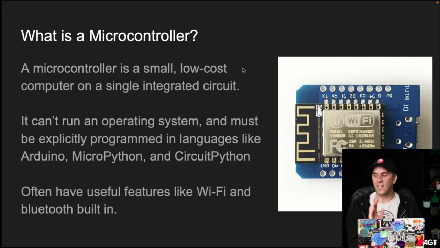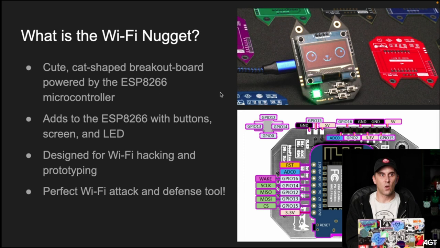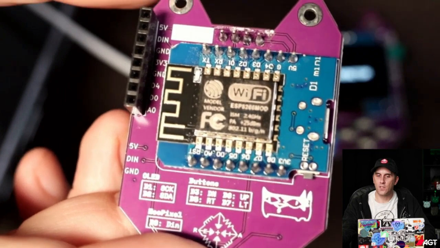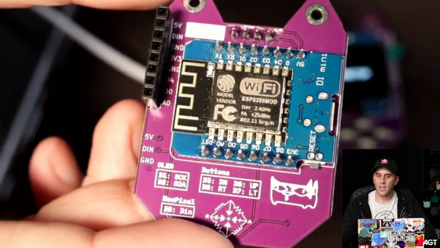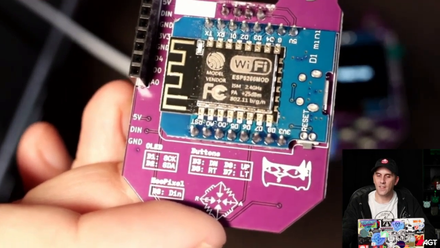So, all right, if we're working with these little microcontrollers and the built-out version is the Nugget, then what are the features of the Nugget versus just a microcontroller by itself? Well, as you can see, we're using the D1 Mini, which is already a breakout board of the ESP8266. The little postage stamp size microcontroller here is the brains of the operation.